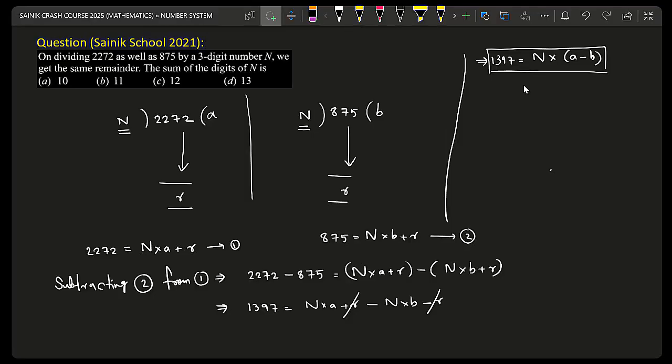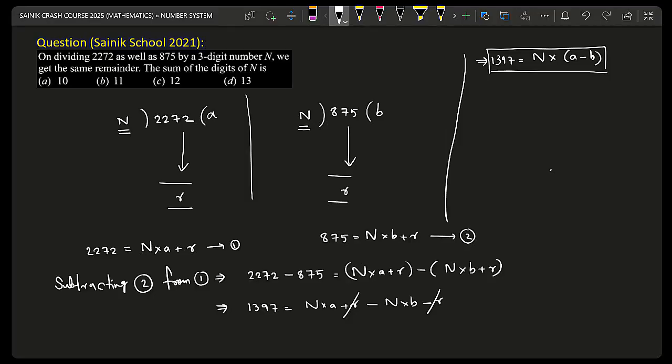You said 20 is equal to 4 into 5 means 4 is a factor of 20. Yes, sir. 1397 is equal to n into (a minus b). What is the information that we can write similarly? Who will give me the answer? Rishikesh, unmute yourself. Okay, sir.